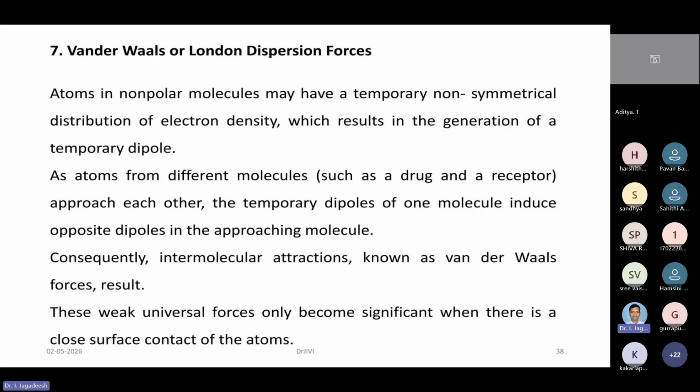This alteration in the direction, shape and movement of the drug will have an impact on your bonding.